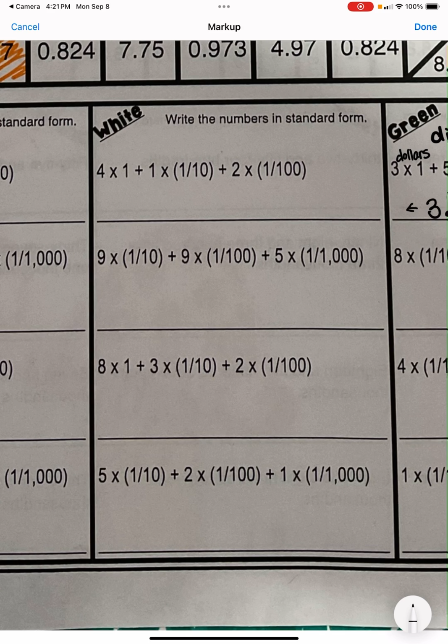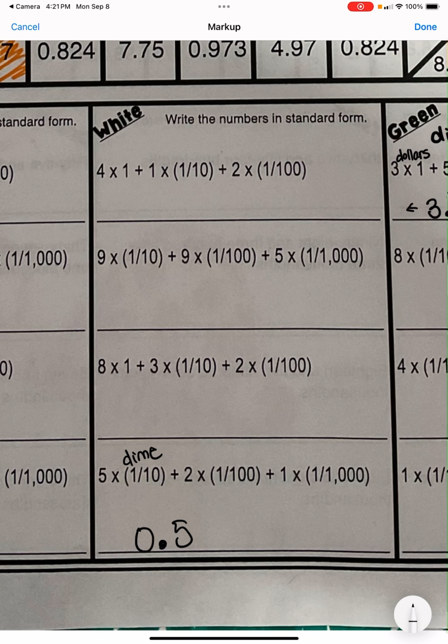However, this is a tenth, which means we're going to be working with a dime. So that means we're going to have a 0 for the ones place because there is no number that's multiplied by 1. We have 5 times 1/10, which will give us 5/10.